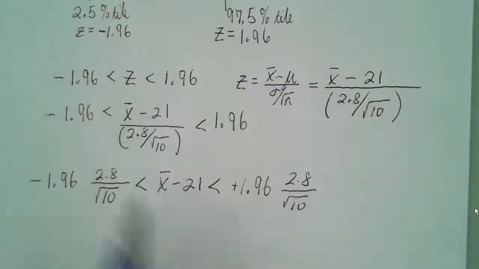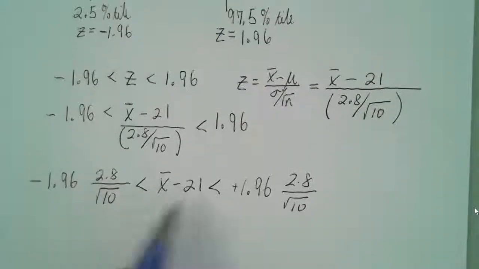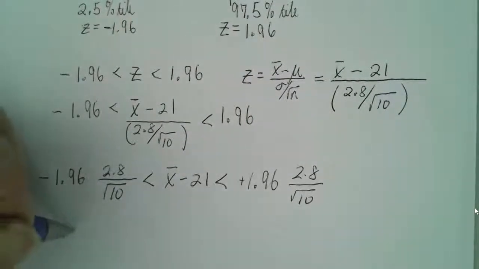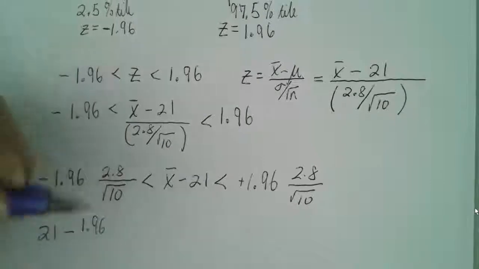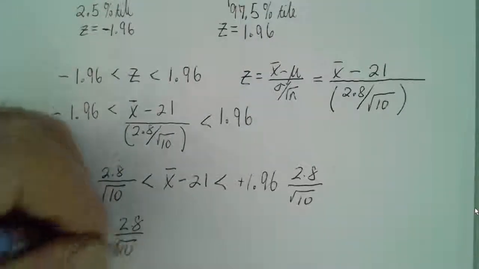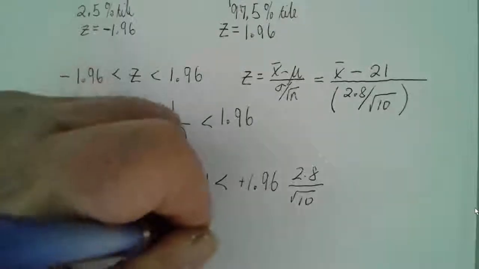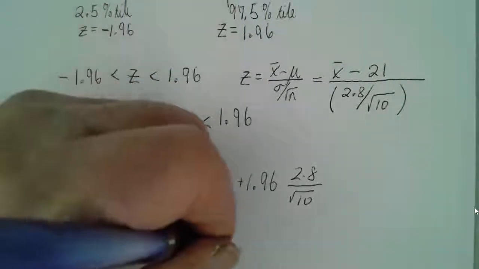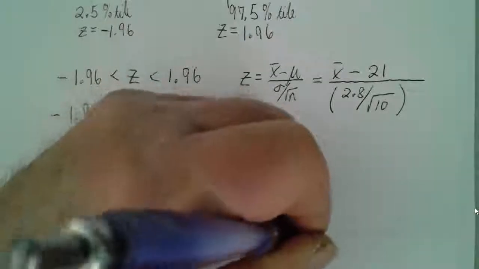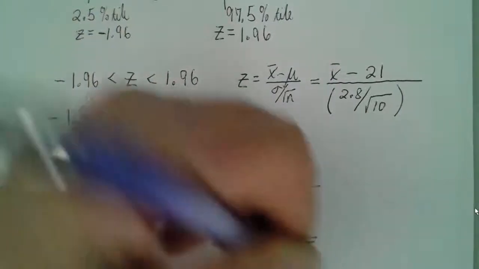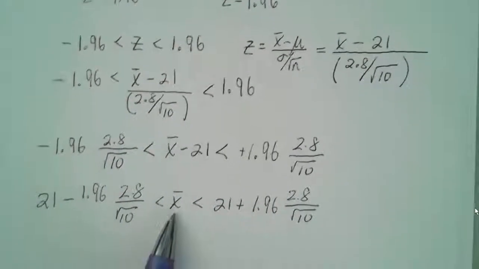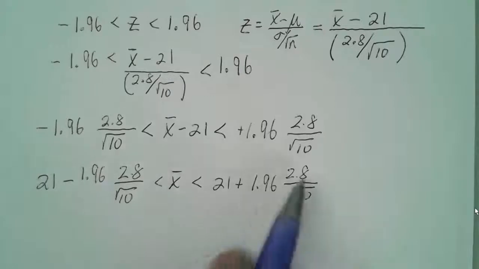But if we just run through here and add 21 to each of these three segments, then we're going to get kind of a nice formula, and it's going to be a little bit more useful to us. So this is going to tell us directly the sample means will fall between this number and this number.